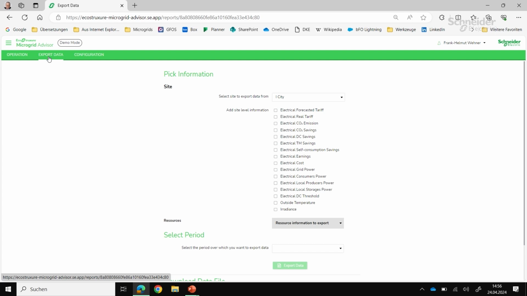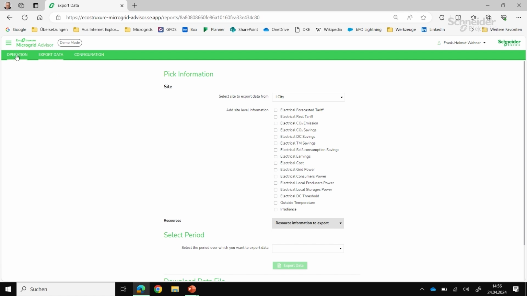And you can also select a period of time from which you want to extract the data. And once you have done that, you will get a set of CSV files which you can simply download and use, for example, in an Excel sheet to do further analysis from your site.